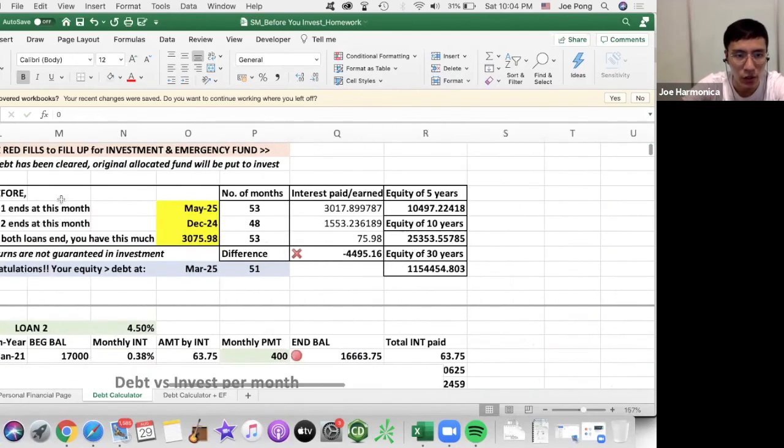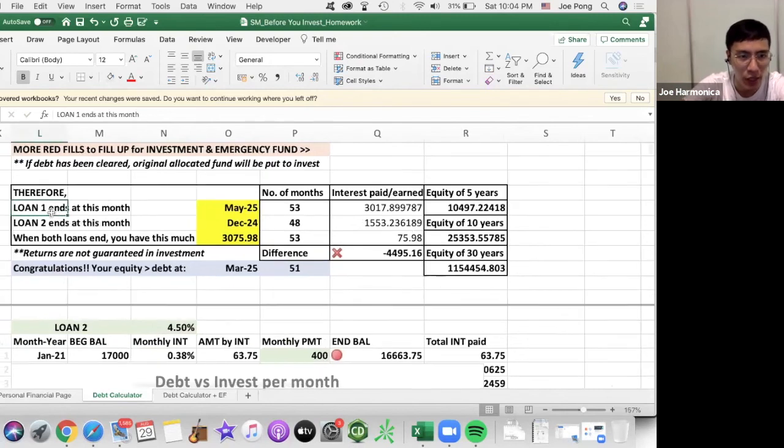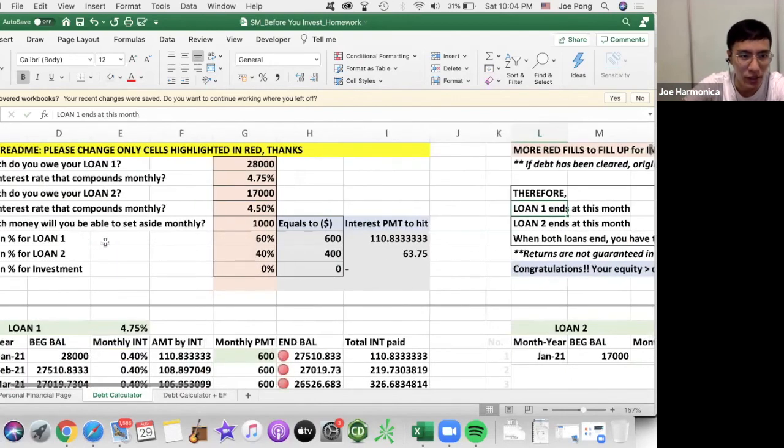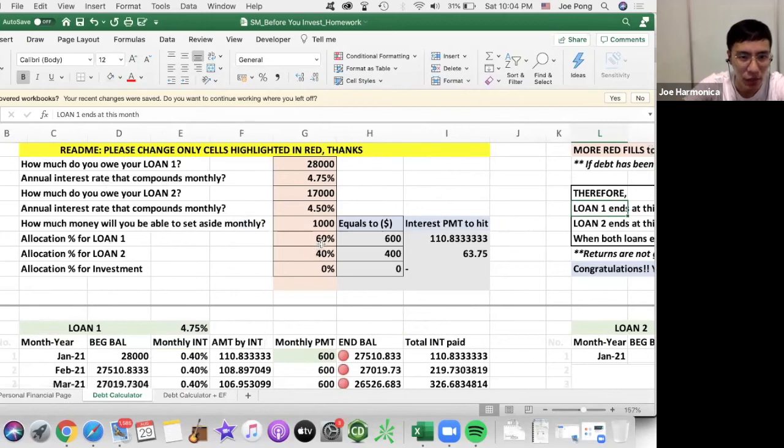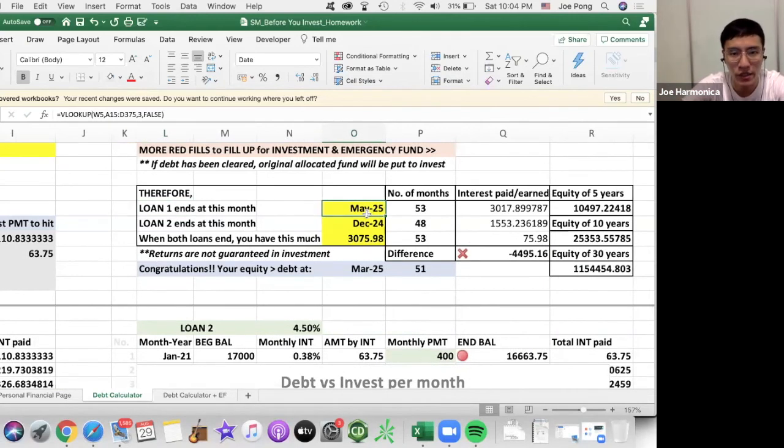And all these are some results you can see. If you are allocating your money based on the amount I'm putting here, which is 100% to loan, 0% to investment, your loan 1 will end at this month. You can pay off your loan 2 at this period of time.